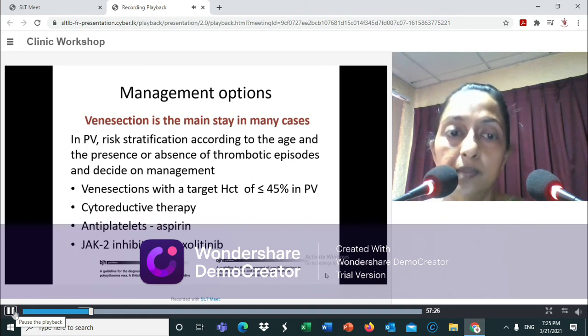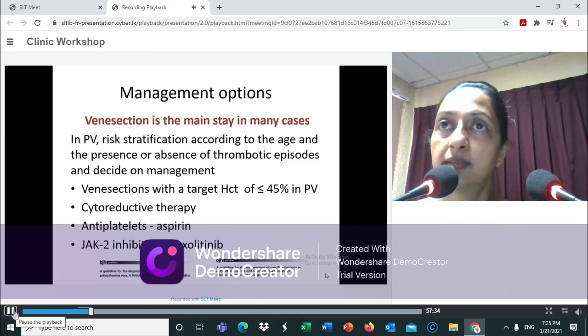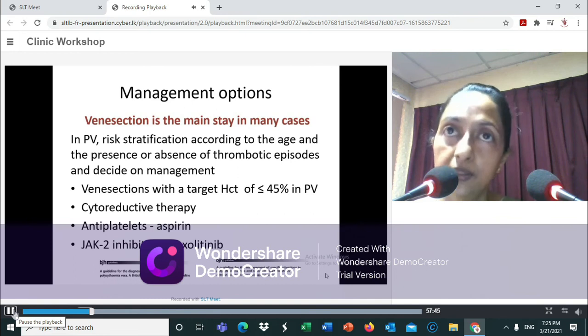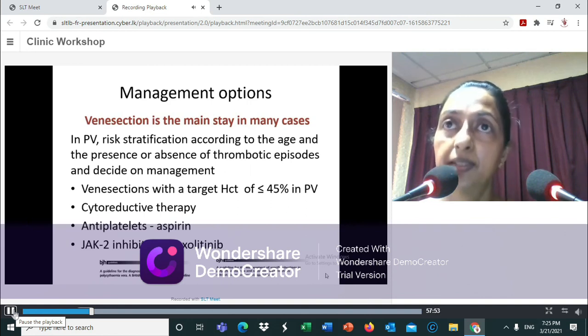Available management options are venesections with a target of equal or less than 45% of hematocrit. That is the target. There are slightly different targets in secondary causes. You have to remember these. Then cytoreductive therapy, hydroxycarbamide is the first thing we use. Antiplatelets, aspirin therapy is essential.